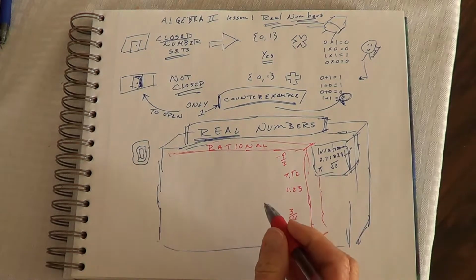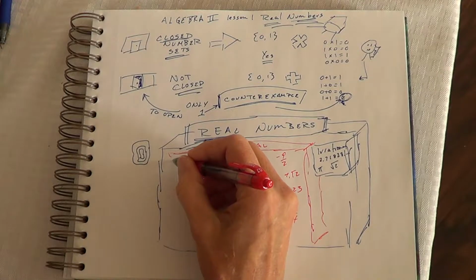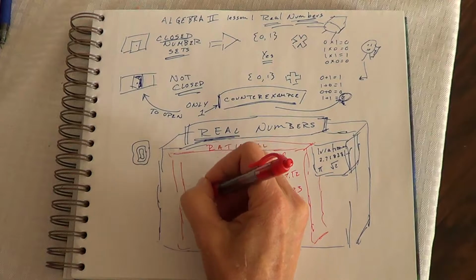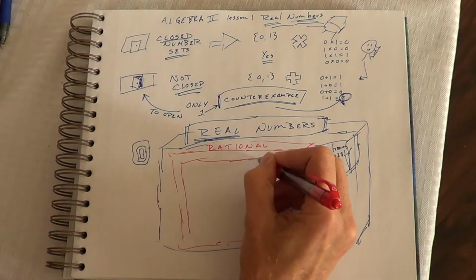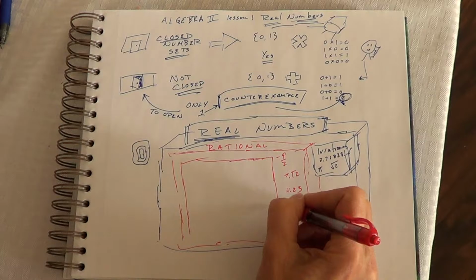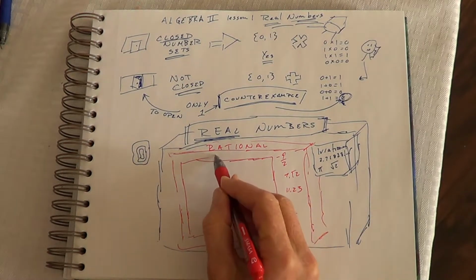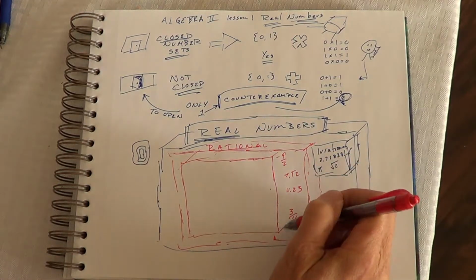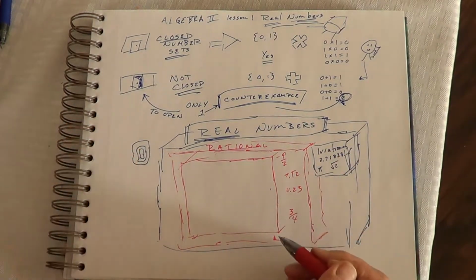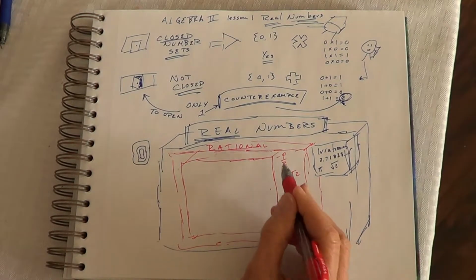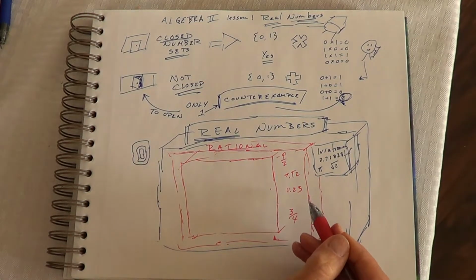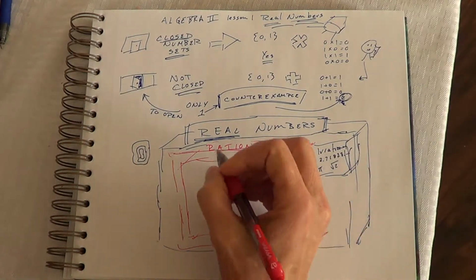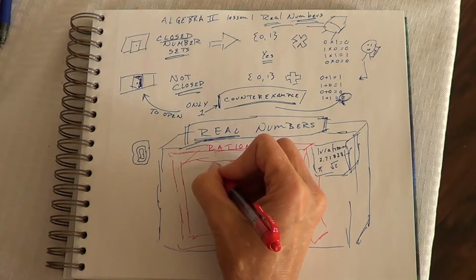Now inside of it also contains another box, but the rational title is covering, and these are within it, so they're subsets within this set. So the rational contains fractions, negatives, repeating patterns, but it also contains in it integers.